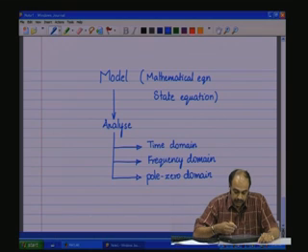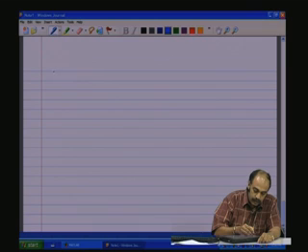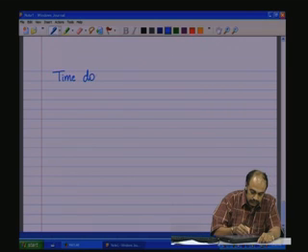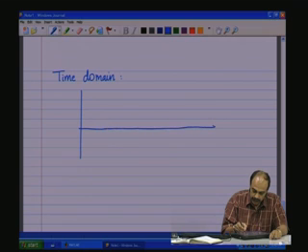So, in the time domain, we are plotting everything always with respect to the time as the x axis. The y axis would be an amplitude.